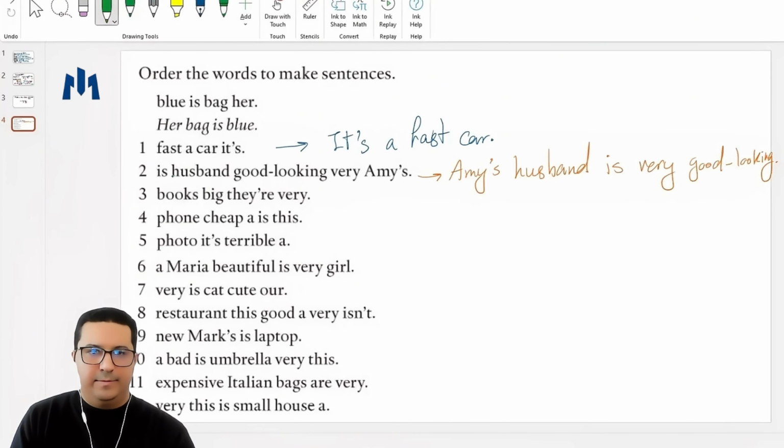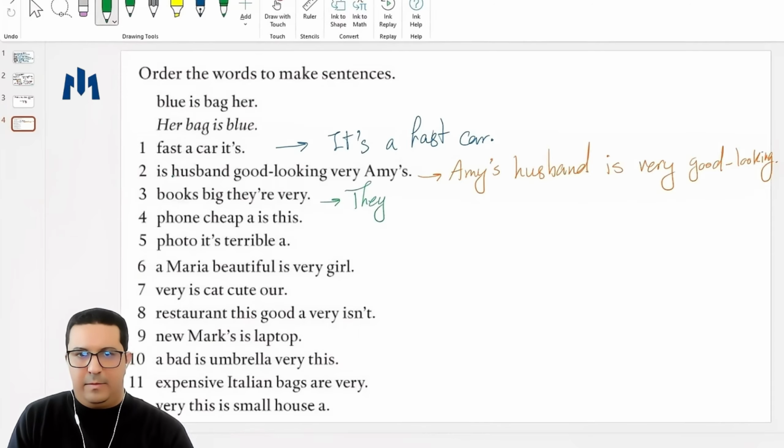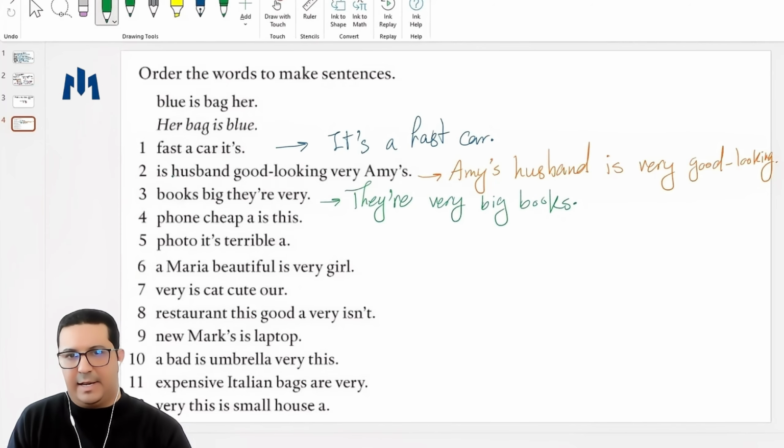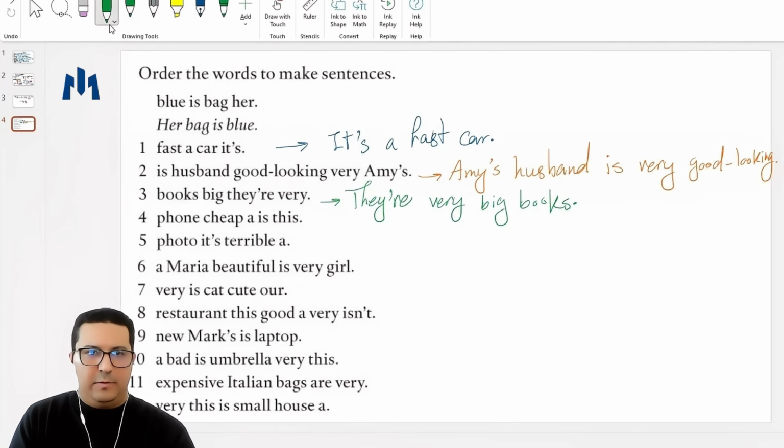The next one, books big, they're very. So they're very big books. Again, as you see, adjectives and nouns. Adjectives before nouns, after to be verbs.